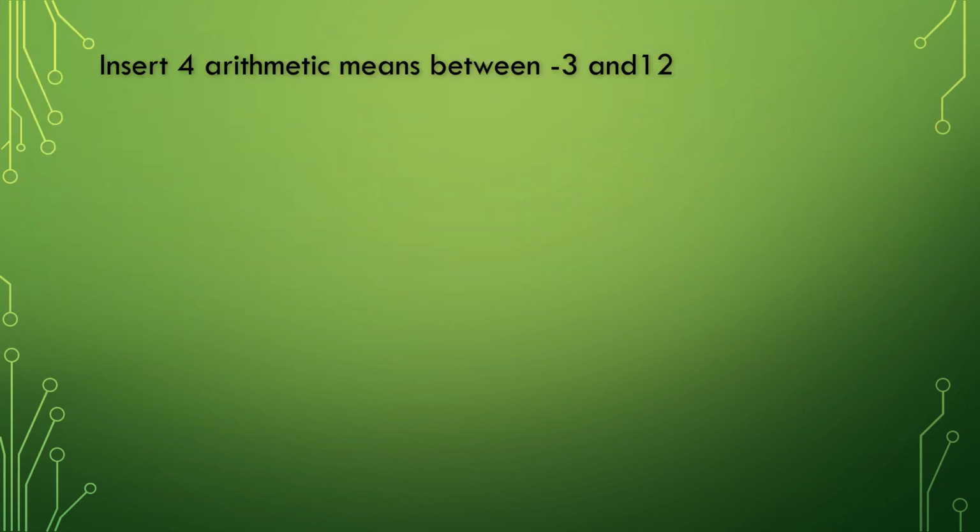Now, let us try another example. Insert 4 arithmetic means between -3 and 12. So, since we are going to insert 4 arithmetic means, 1, 2, 3, 4, 12. This is your first term, second term, third term, 4th term, 5th term, and 12 is your 6th term. So, to solve for D, we can use the second method.